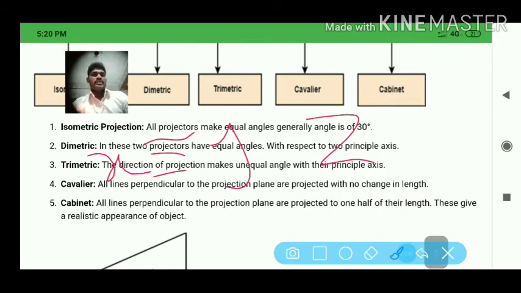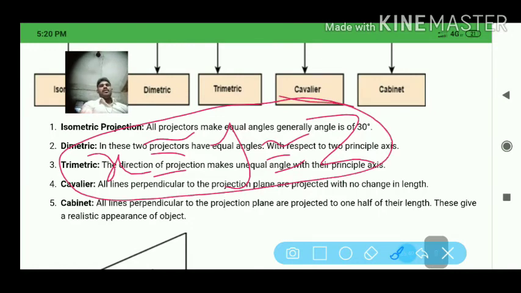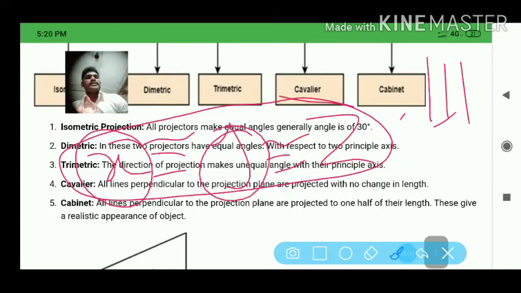Here this axis is equal to this axis and this one. So here all lines are making equal angles to all the axes. All lines are making equal angles towards the x axis, y axis and z axis, and this type of projection is called isometric orthographic projection.